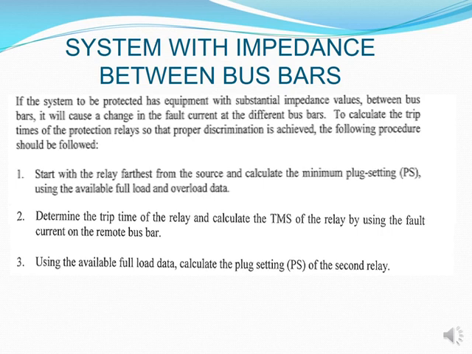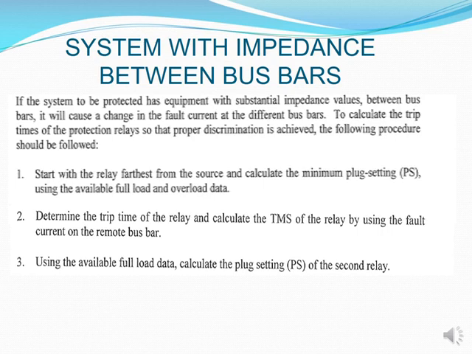You start with the relay furthest from the source and calculate the minimum plug setting, which is your PS, using the available full load data. Then you have the trip time of the relay, and you calculate the TMS of that relay using the fault current. Then you use the available full load data and calculate your second plug setting.